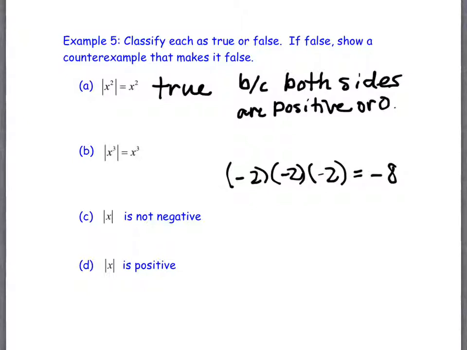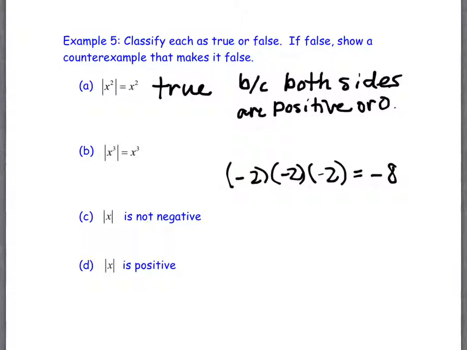It's a negative 8 in this case. That can happen when we have something multiplied together an odd number of times, okay? So the left-hand side, which has the absolute values, what can we say about that side? It's always positive. But what can we say about the right-hand side? It could be negative.